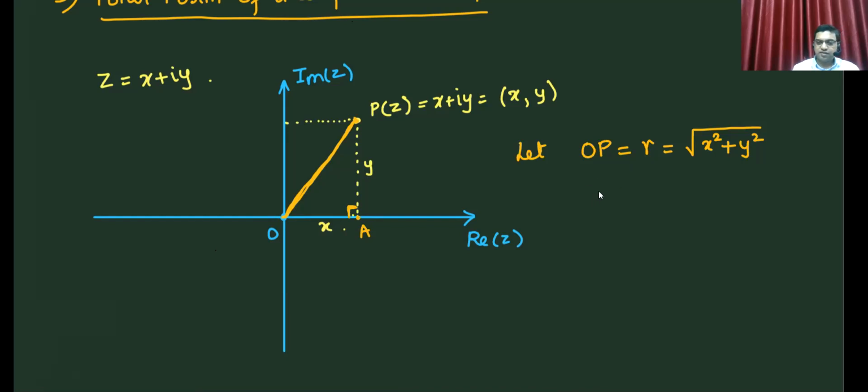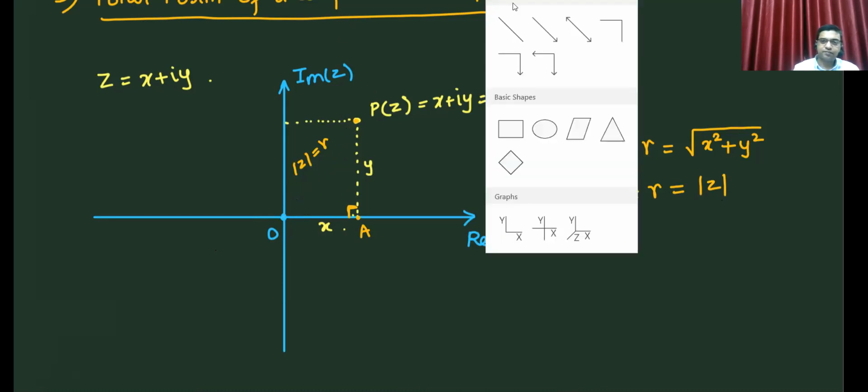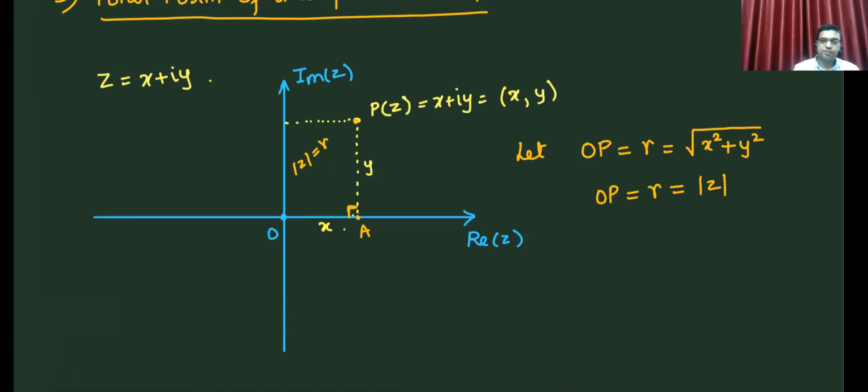This is the modulus of z. Modulus of z is the distance of the point from the origin, the distance from the point P to the origin.